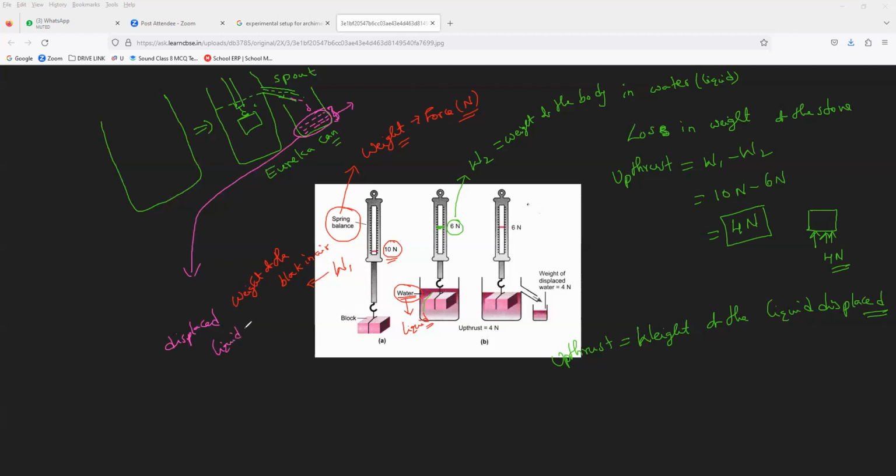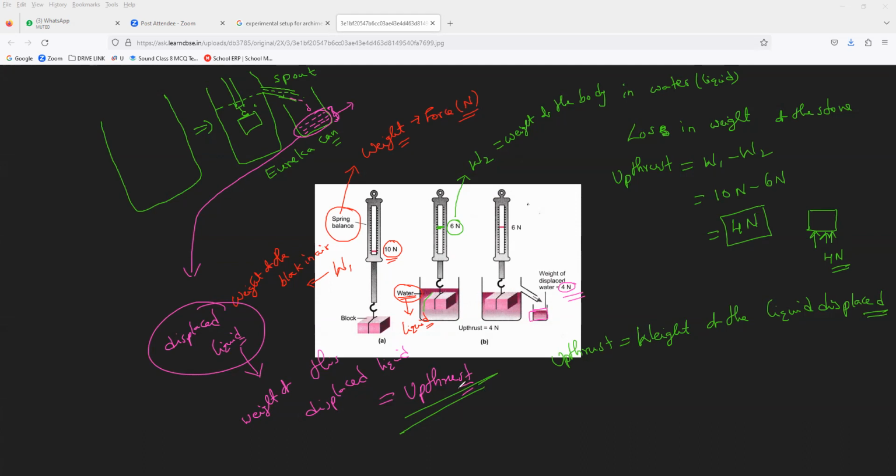If I measure the weight of this displaced liquid, how many newtons do I get? 4 newtons, which is equal to the upthrust. Do you understand? That is equal to the upthrust.